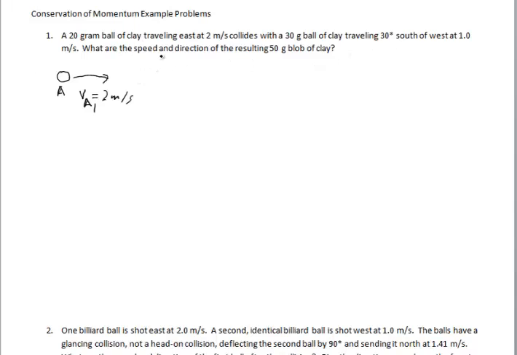in that direction. So here's west and here's south of west. The other one is going this way. This direction here is 30 degrees, and the velocity is VB, 1 meter per second.